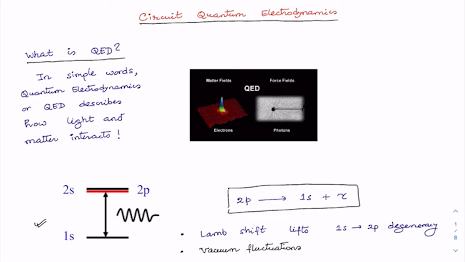Also, as you can see, the degeneracy between the levels 2s and 2p is lifted, which is known as the Lamb shift, and it also happens due to vacuum fluctuation.